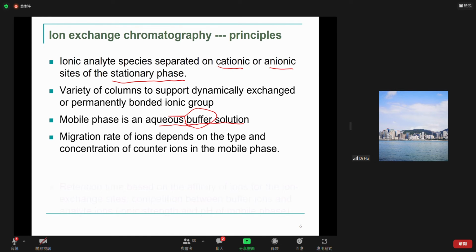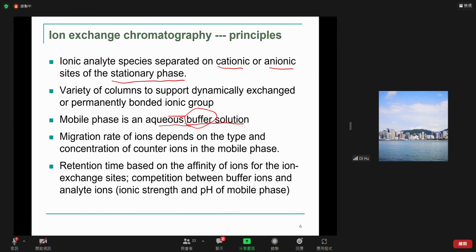Okay. So retention time is based on the affinity of the ions to the exchange site. And this one is very important. Affinity really depends on the charge and also on their size. But when we talk about the ions in aqueous phase, because they are in water, they are not present as a bare ion.